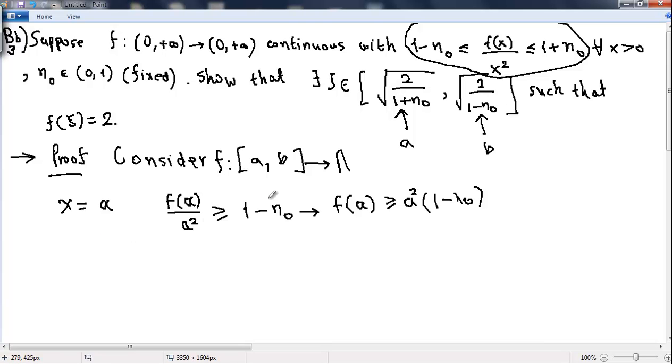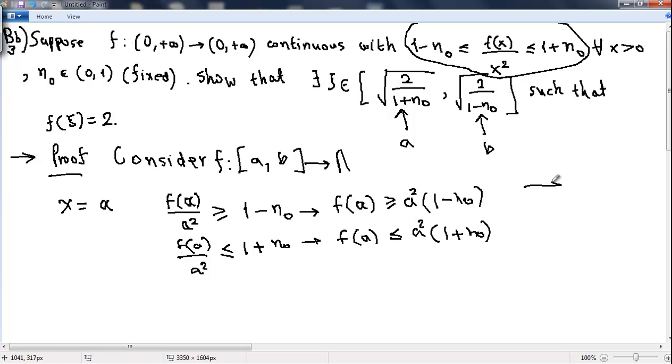And again, from the same relation, f of a over a squared is less than 1 plus eta 0, so f of a is less than a squared times 1 plus eta 0. This is for a. We can write the corresponding expressions for b.